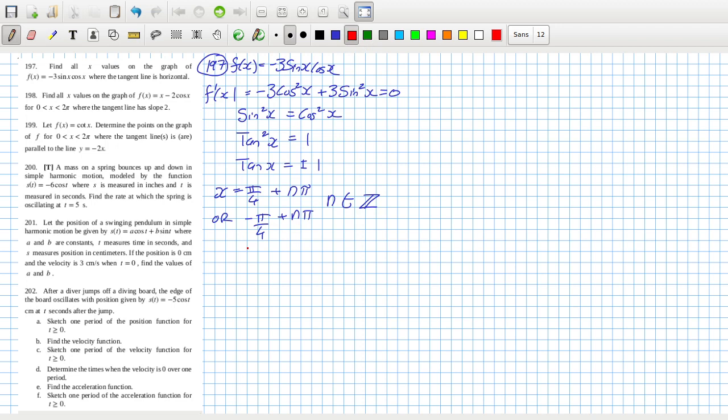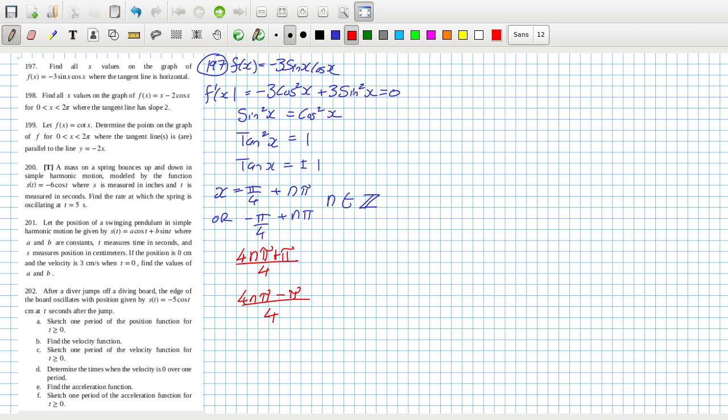So the top one would be 4n pi plus pi over 4, and the bottom one would be the same thing, 4n pi minus pi over 4.